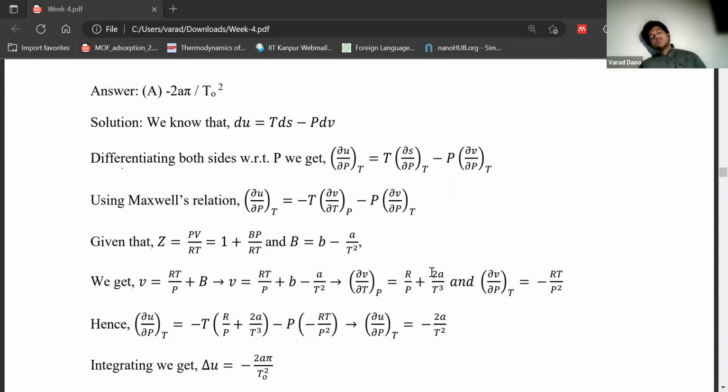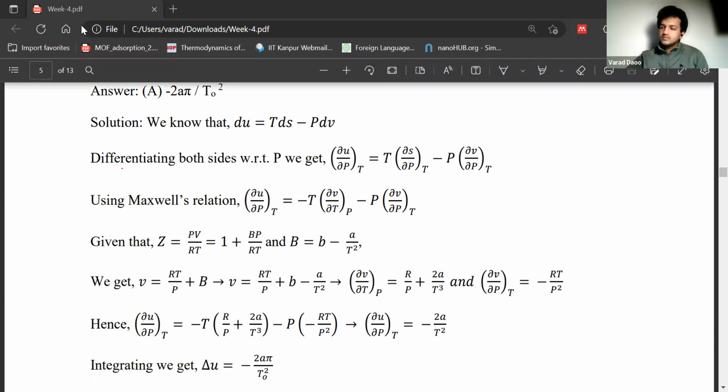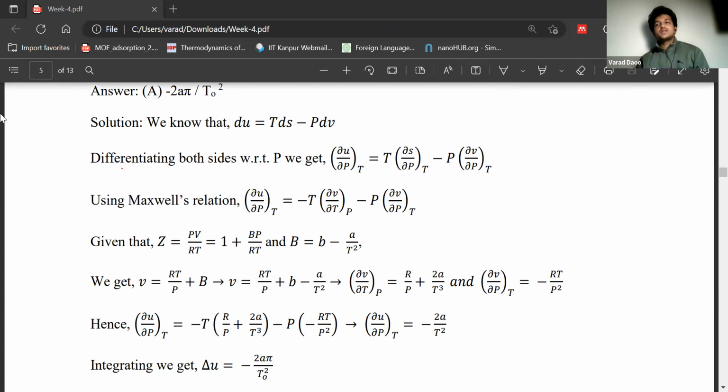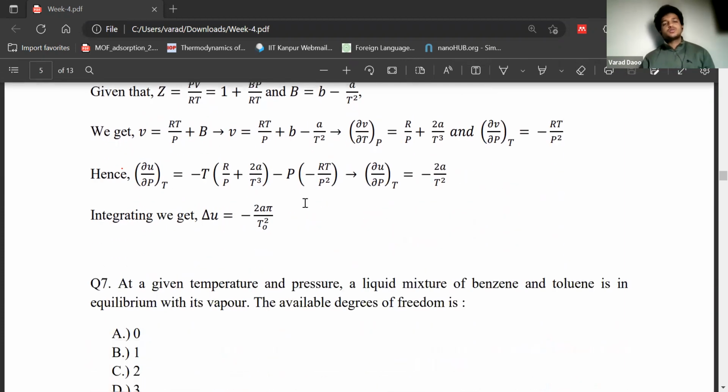And the other students, if anybody would like to write it down, they can write down as well. So nobody has any question. Then we'll move on to the next question.